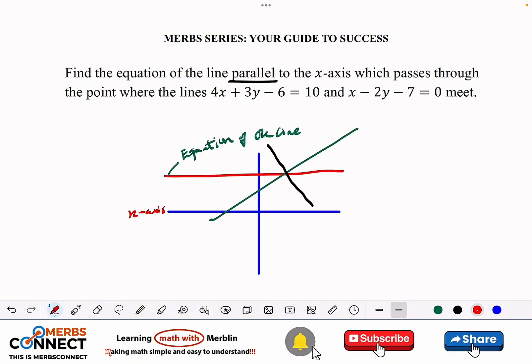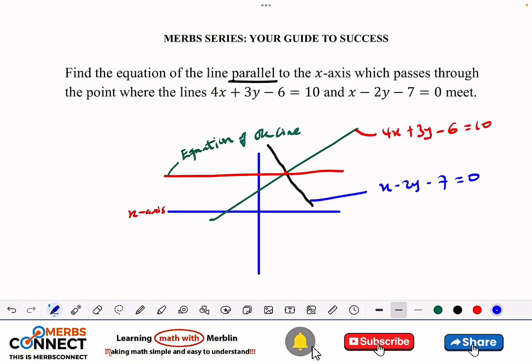This line should meet at a point where the equation of the line passes, so that we can have this line be, let's say, 4x plus 3y minus 6 is equal to 10. And we can also have this line be x minus 2y minus 7 is equal to 0.